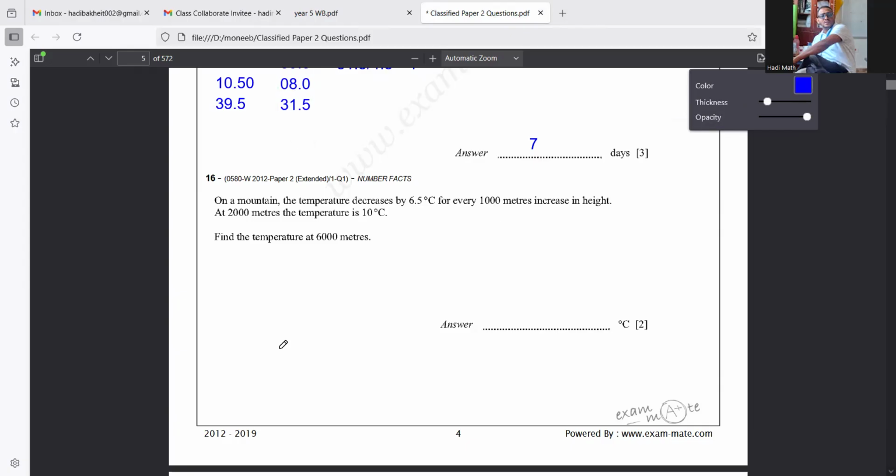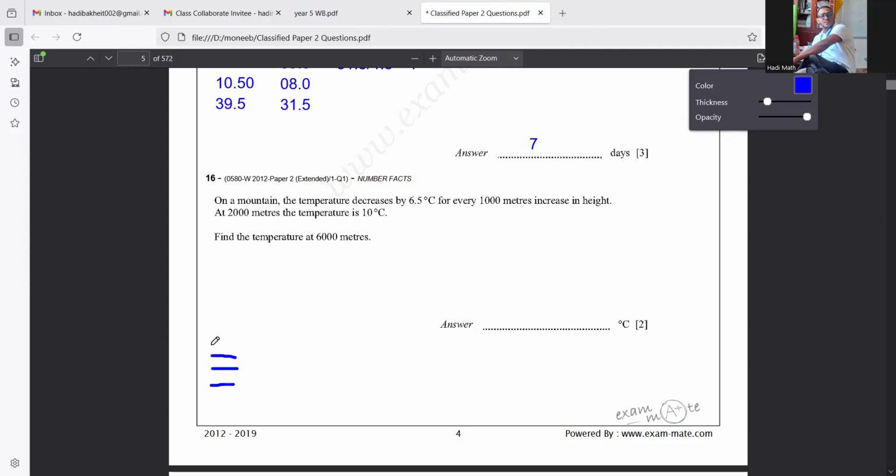So what makes sense? They ask you at 6,000. You just subtract 6,000 minus 2,000 is equal to 4,000. In 4,000, it will increase 4 times. You could say this is 2,000, it was 10. This is 3,000. This is 4,000.